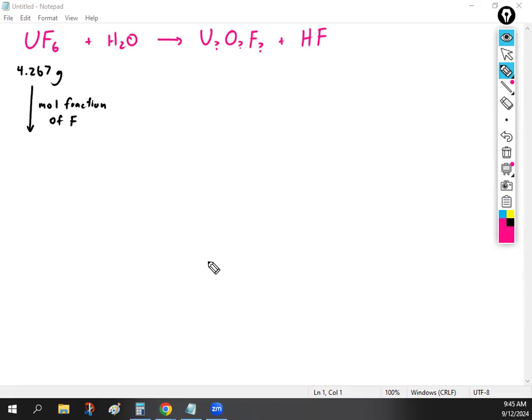All right, so to do that, it's very simple. It's what we did in the previous problem. First thing we want to do is find the molar mass of UF6.